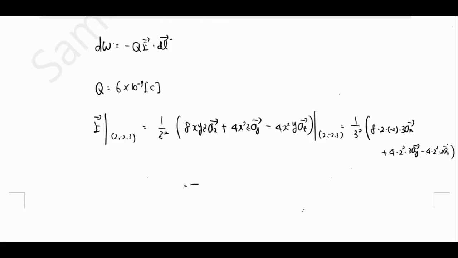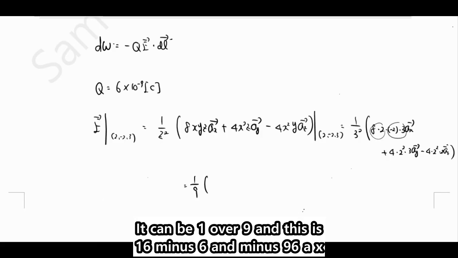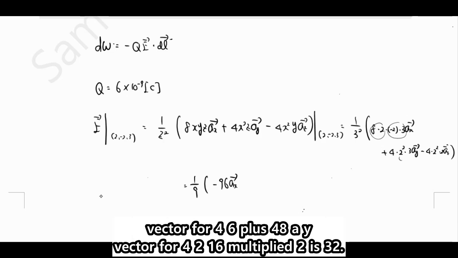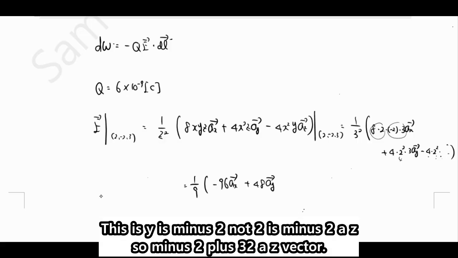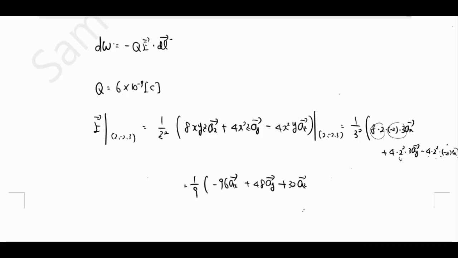It becomes 1 over 9 times minus 96 a_x vector plus 48 a_y vector plus 32 a_z vector.